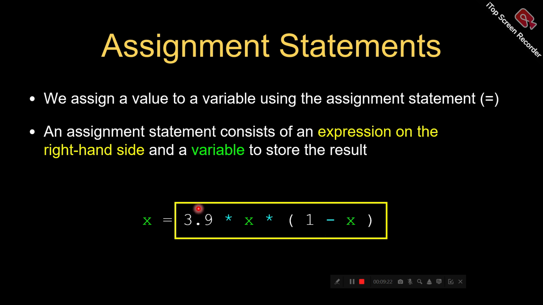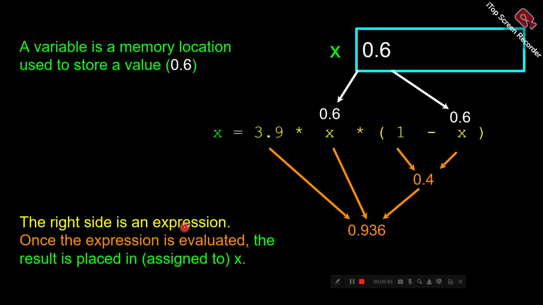It will complete whatever expression you have given, complete the calculation, and then pass on the value to the left hand side. Whenever you find the assignment operator, the equals to, first it will evaluate the right hand side and then pass on the value to the left hand side variable.